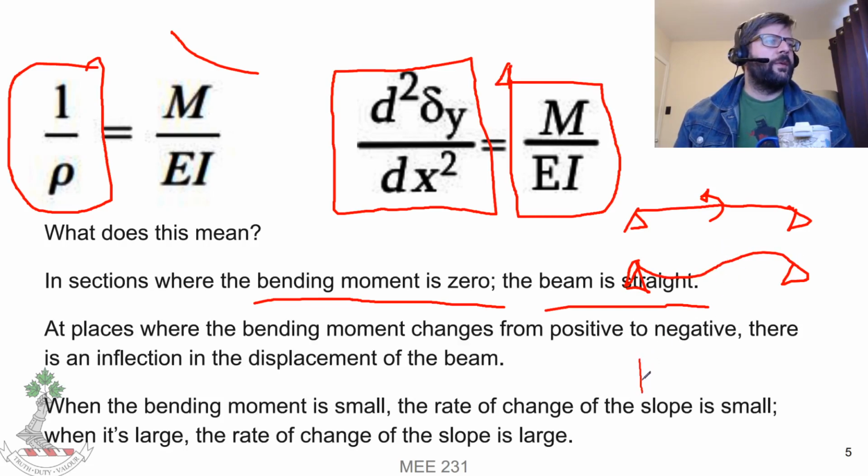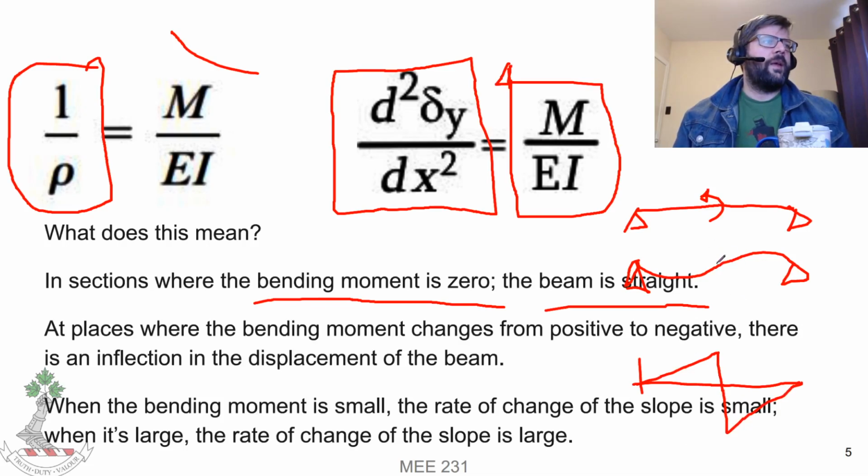So if we graph our bending moment diagram, then it's going to be positive on this side. Oh, actually wait, no, sorry. It's positive on this side, and then hits that point, and then drops down to negative.